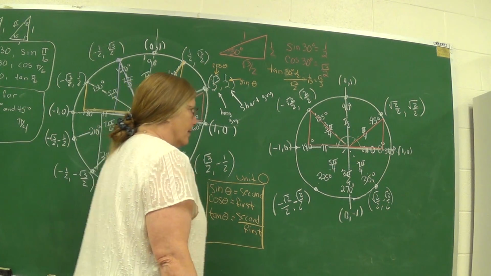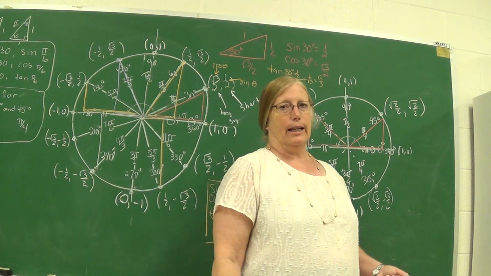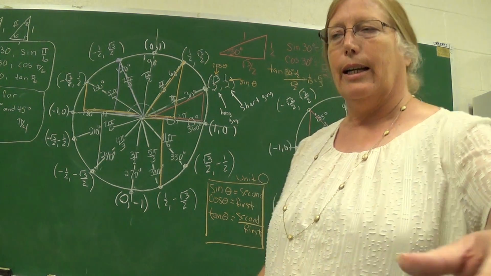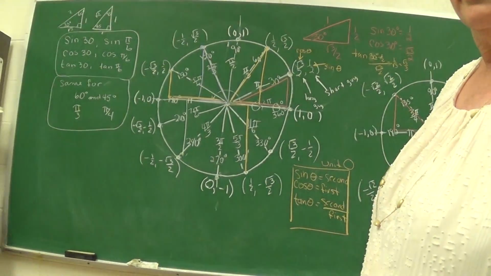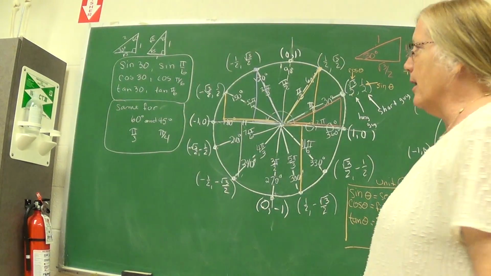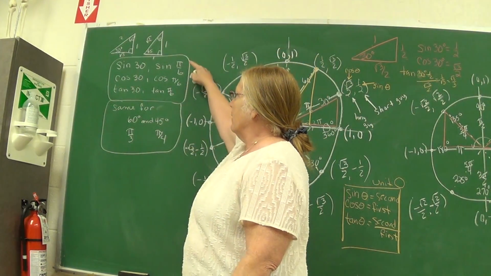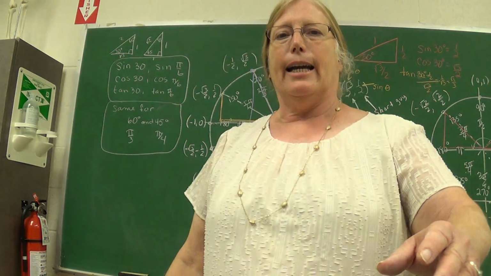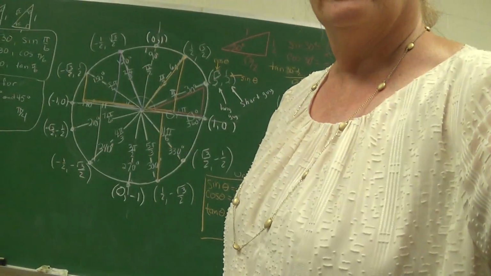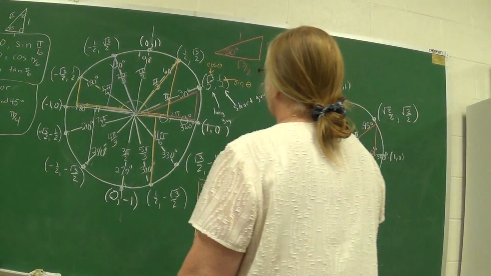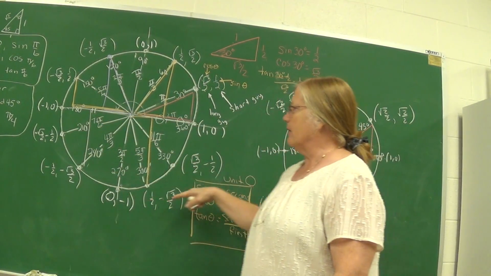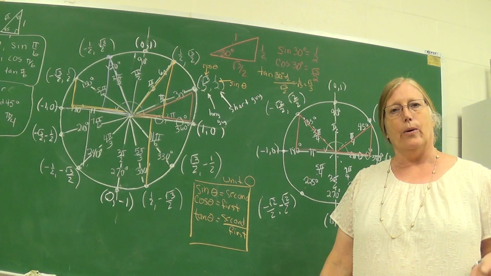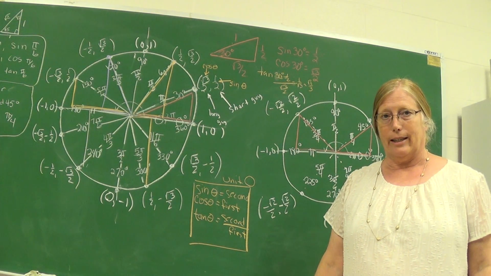This is a powerful thing in that it has added so many to our list. We started out knowing sine, cosine, and tangent of only 30, 60, and 45. Now we know sine, cosine, and tangent for all of these spots around the circle. So we have added so many more to our list.